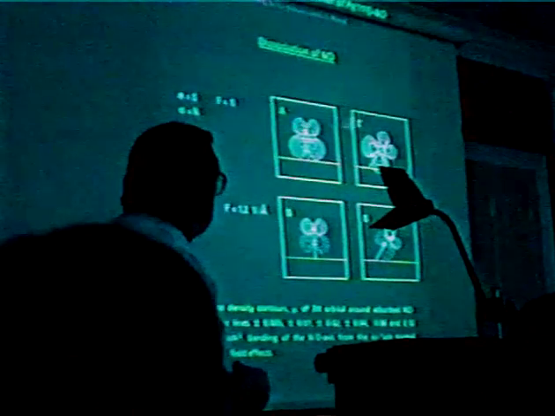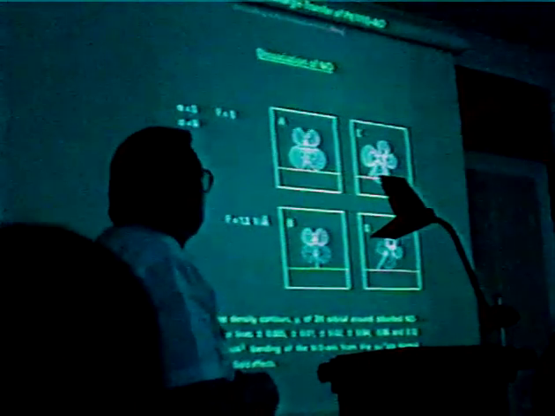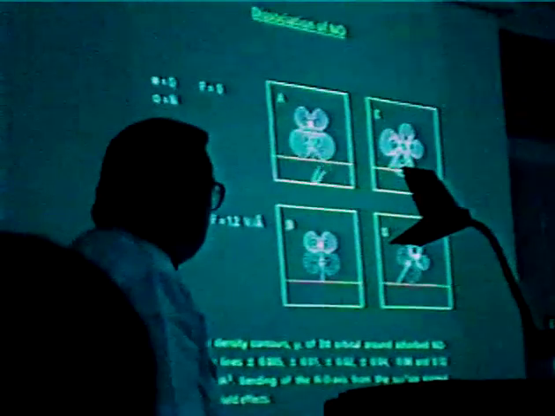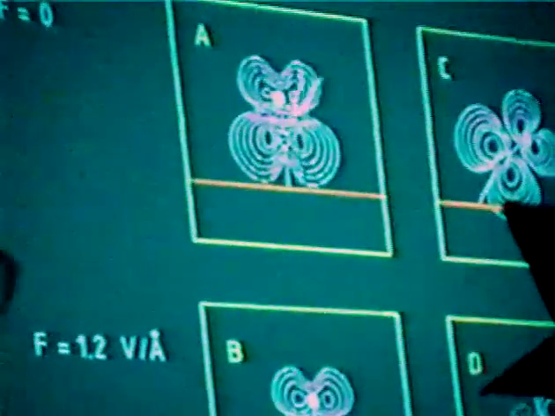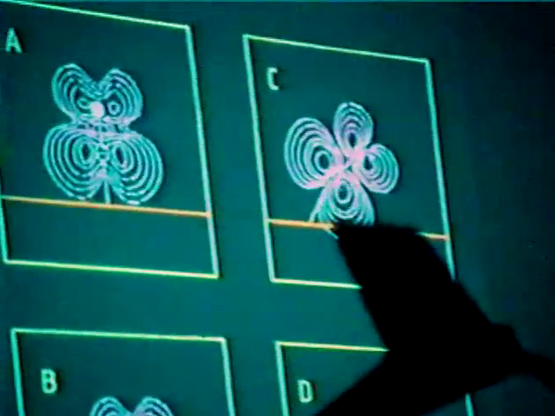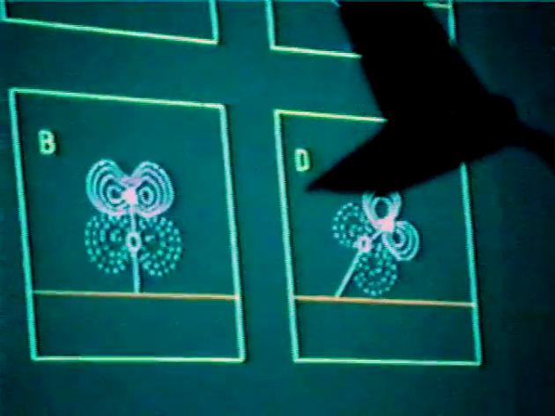The metal-nitrogen bond strength is decreasing by the electrostatic field and the molecule can tilt. Only a tilted molecule then can dissociate.